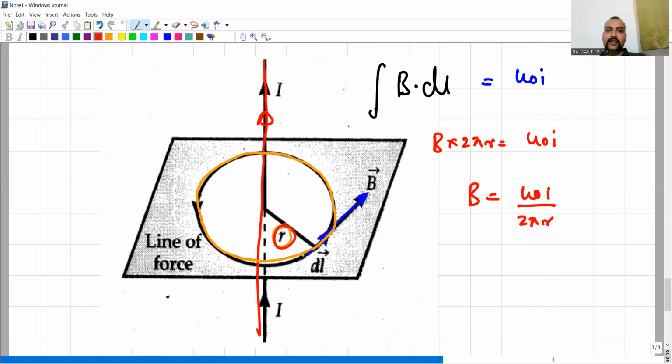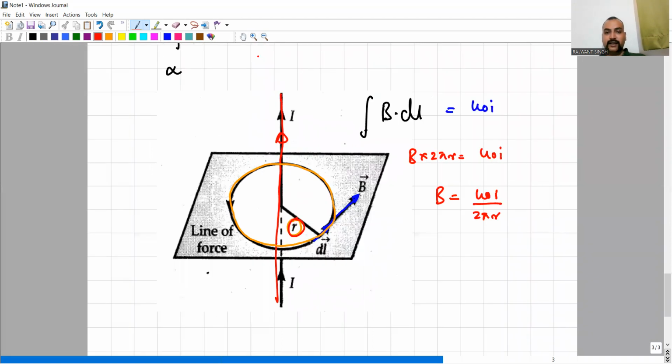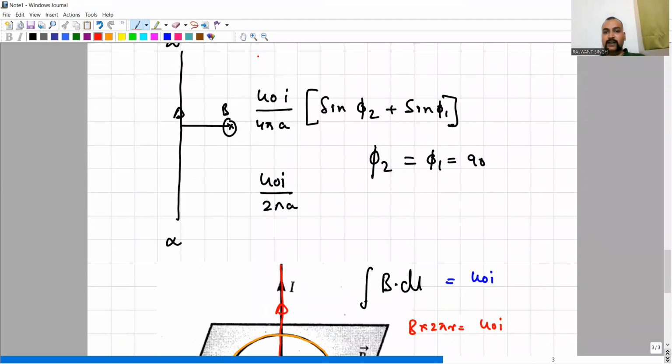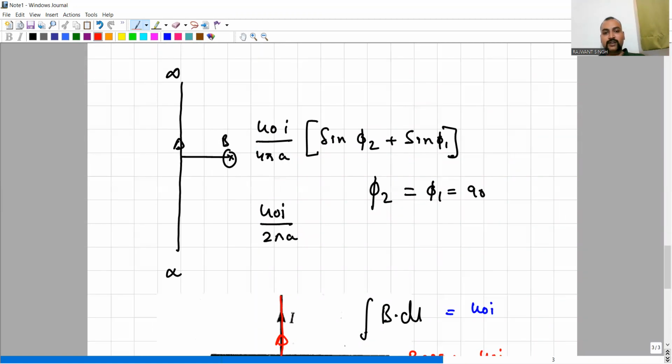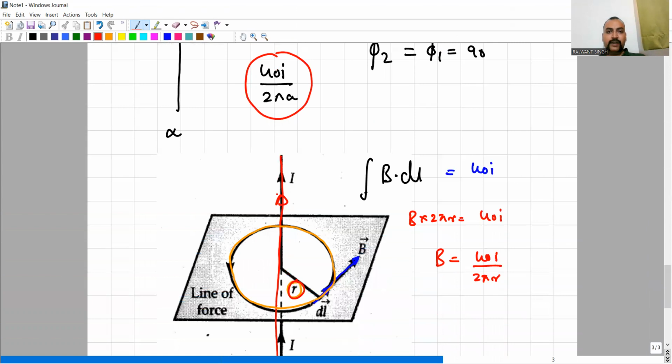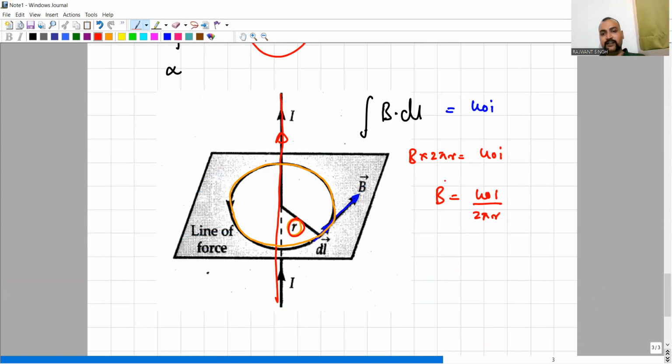So you see, we get the same expression as we got from the Biot-Savart. From the Biot-Savart also we got the same expression, and from the Ampere circuital law also we got the same expression for the magnetic field, mu naught I by 2 pi r. This derivation is very simple, and it is also important for all your PU and CBSE level exams.